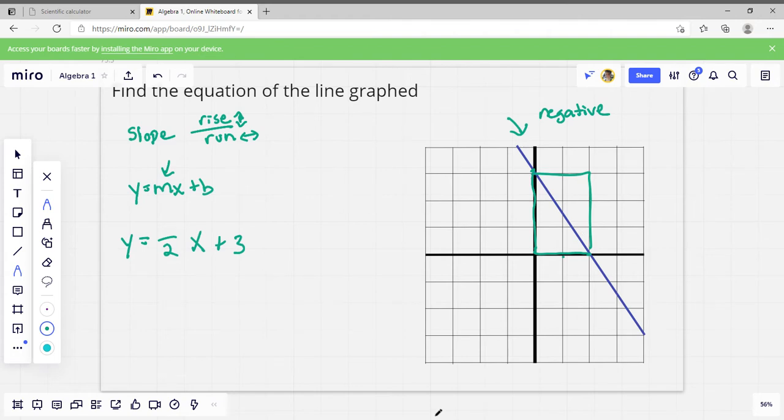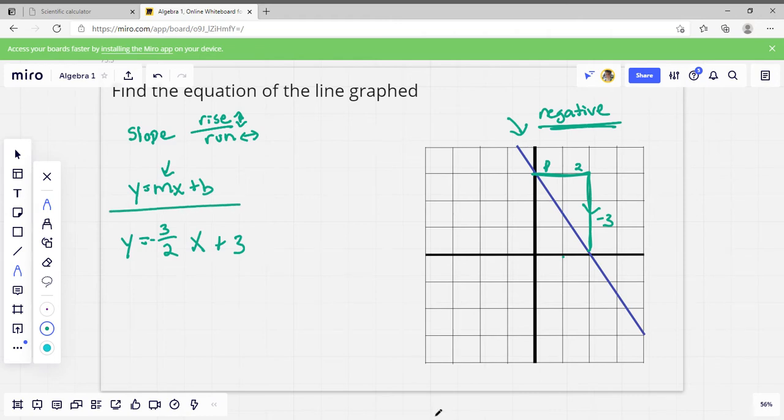Alright, so I went over 2, 1, 2, and then I went down 3, okay? So it would be negative 3. So I went over 2, down 3. So it's negative 3 over 2. So be careful with that. Negative slopes go downhill. Positive slopes are going to go uphill.